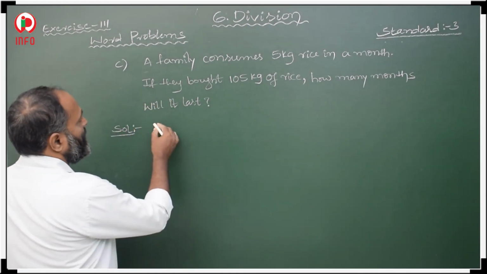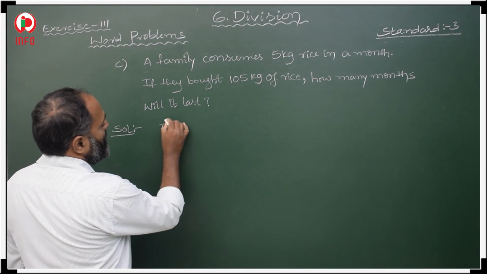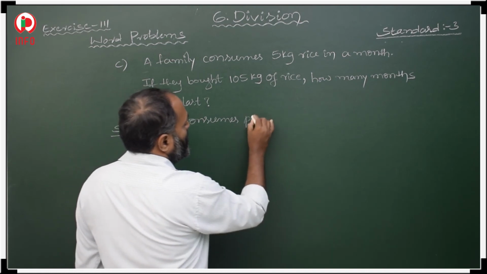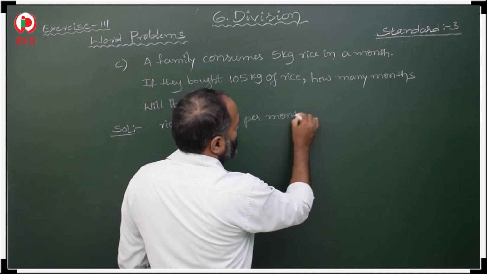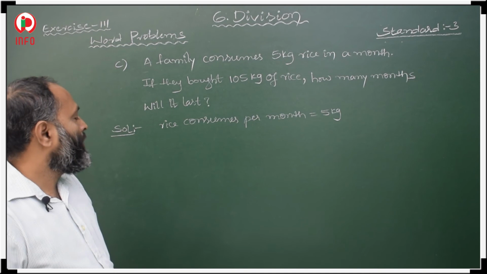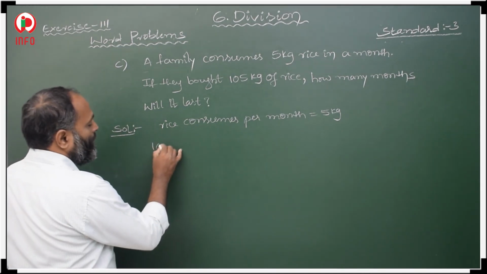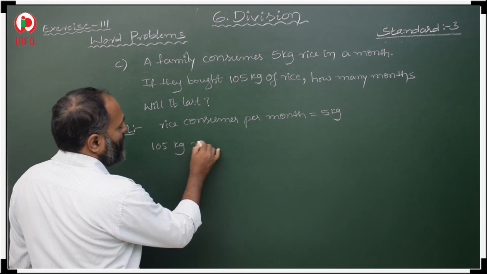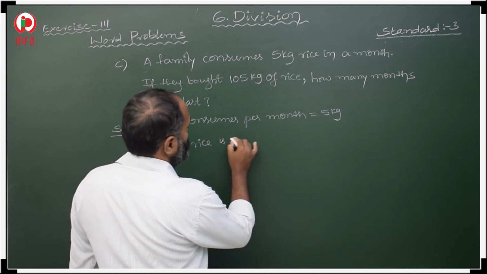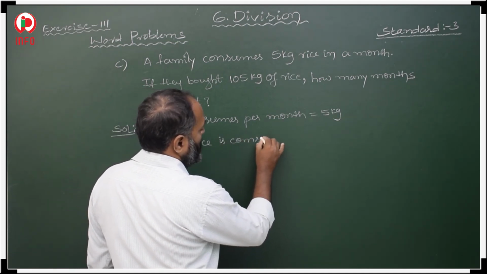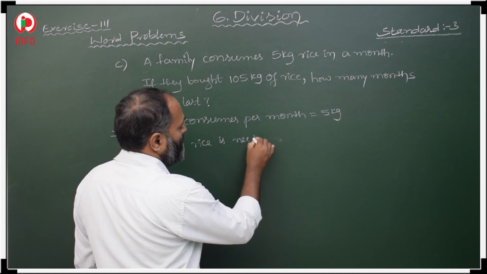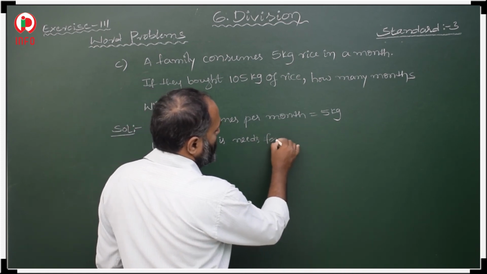Okay, first, rice consumed per month is equal to 5 kg. 5 kg rice is consumed per month. Then 105 kg rice is needed for how many months?